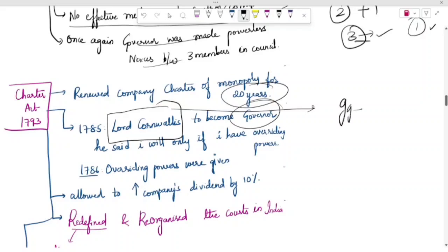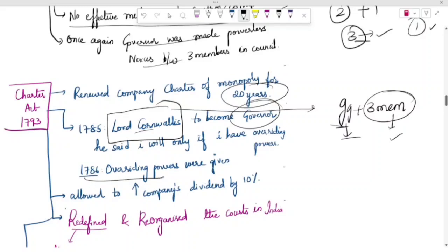You said the Governor General plus 3 members in council, and these 3 members are getting together and overruling all the things and making the Governor General under them. As a person with a brain, I don't want this, and I want some overriding powers. So the British Crown agreed, the British Parliament agreed, and they passed the act and gave overriding powers to Lord Cornwallis in 1786.